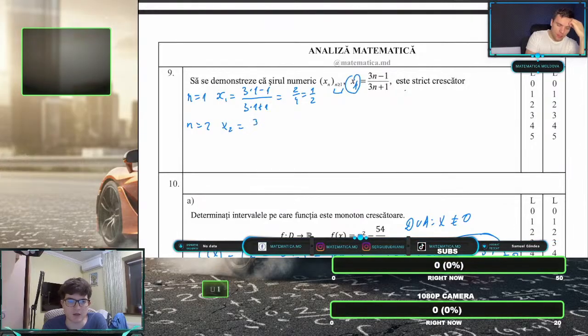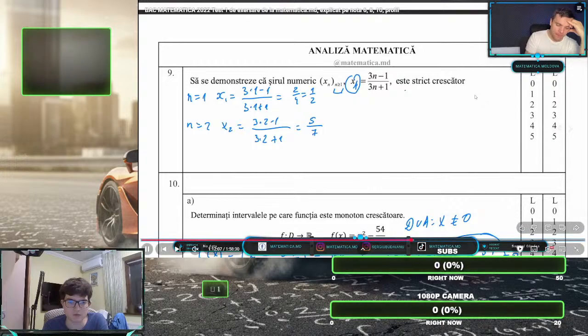And now we got n equal to 2. So x of 2. Okay, so now if you put 2, it's going to be 5 at the top, and at the bottom is going to be 7. 5 divided by 7. And you can do it infinitely like that.